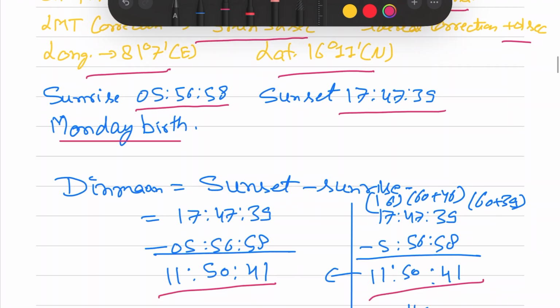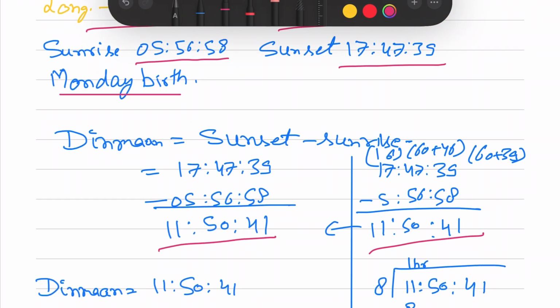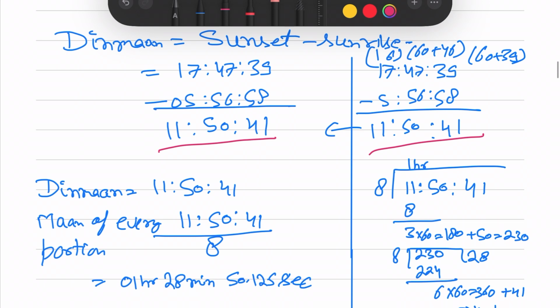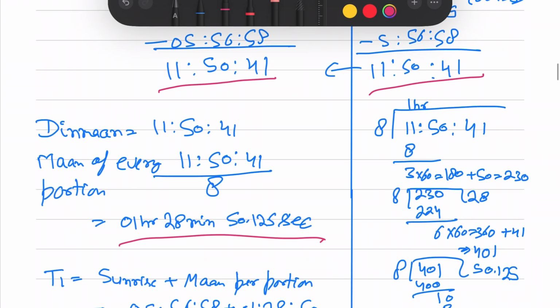This is our total Dinmaan, and now we have to divide it into 8 equal parts. So the maan for every portion is the total Dinmaan divided by 8, which comes out to 1 hour 28 minutes and 50.125 seconds.